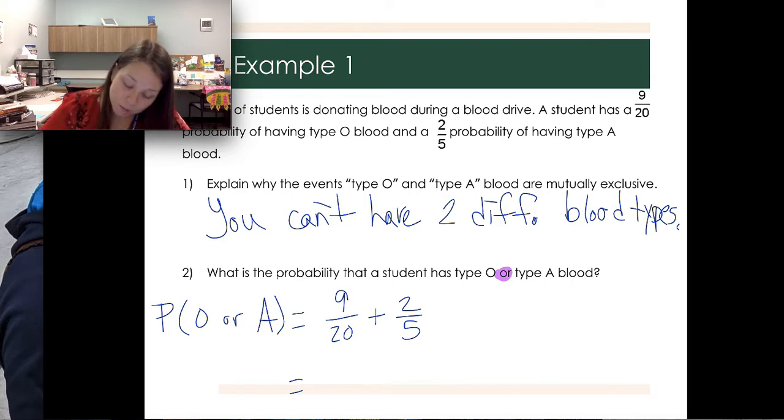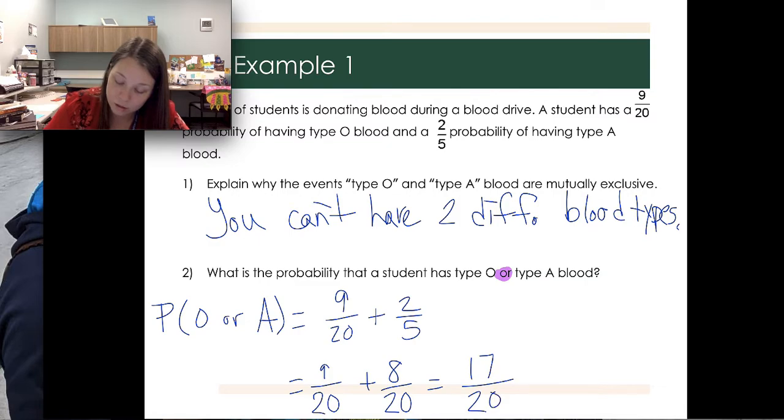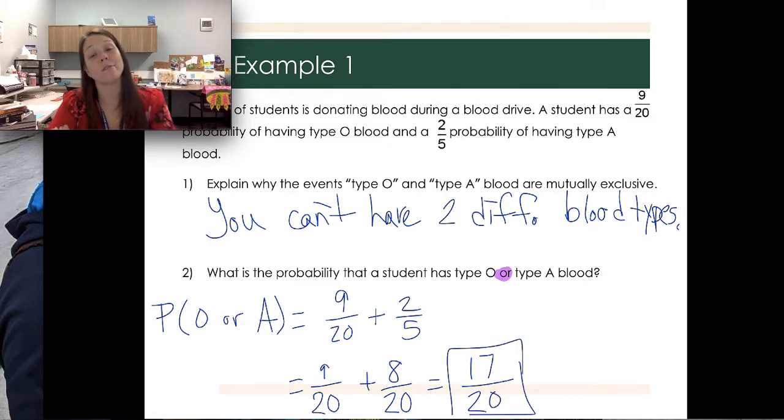So the 2 out of 5 can have a denominator of 20 by multiplying the top and bottom by 4. And then that gives us 17 out of 20 for the final answer. But you don't have to write it as a fraction. You can write it as a decimal or a percentage, and that's also okay.